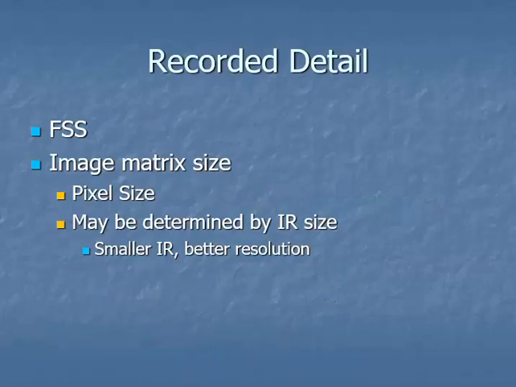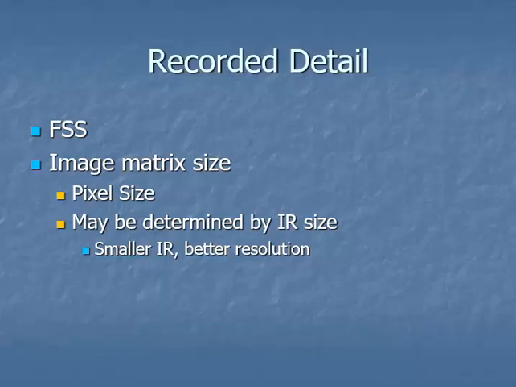Your recorded detail is still controlled by you, by your focal spot size, but in the image receptor and image display, it's all about the image matrix. So you've got individual pixel sizes or detector sizes in your image receptor. In a CR system, remember you've also got the size of the laser beam that influences your recorded detail. And then you've got display as well.